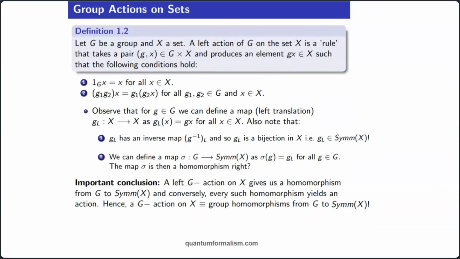To say there exists a left action if there is a homomorphism from the group G to Sym of X. But I think that would have been a little bit more abstract than doing it this way, which is a traditional way of doing it. It's a little bit less abstract, but then you have the opportunity to show how the two things are equivalent.